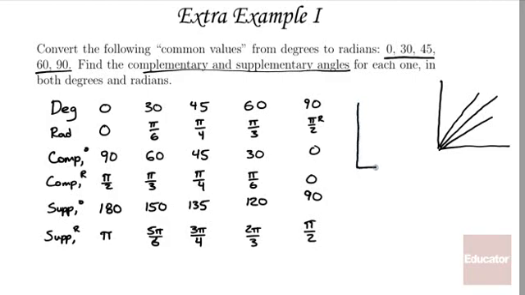So for example, when we look at complementary angles, here's a 30-degree angle, and its complement is a 60-degree angle. In terms of radians, that's pi over 6 radians, and the 60-degree angle is pi over 3 radians. Add those together, you get pi over 3 plus pi over 6 adds up to pi over 2.